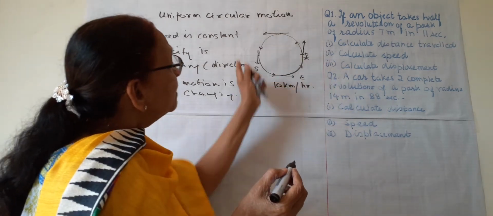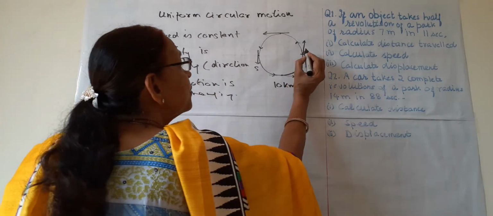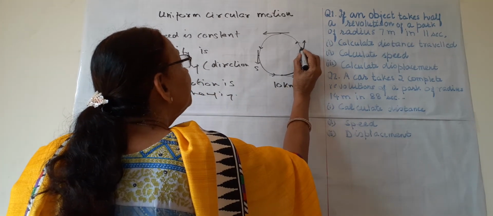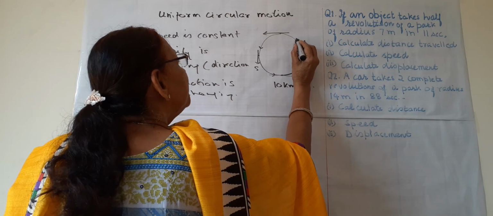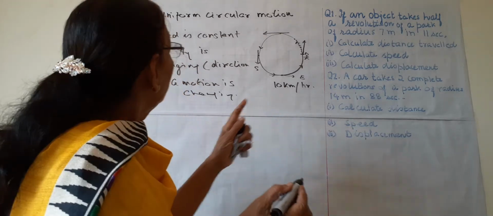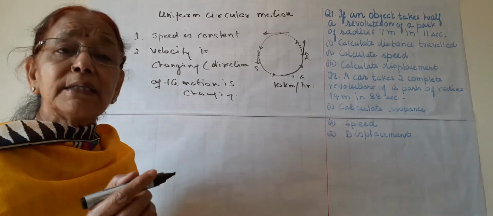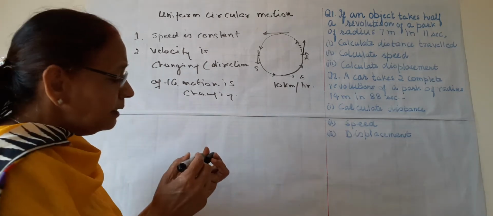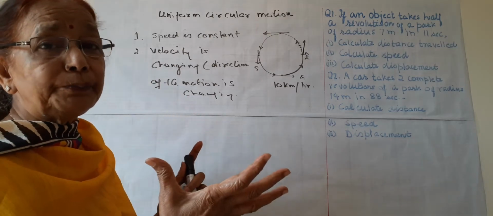So his direction is continuously changing, and this change is at each and every point of the circle. At every point he is changing his direction. When direction is changing, it means velocity is changing. When velocity is changing, then the motion is non-uniform.